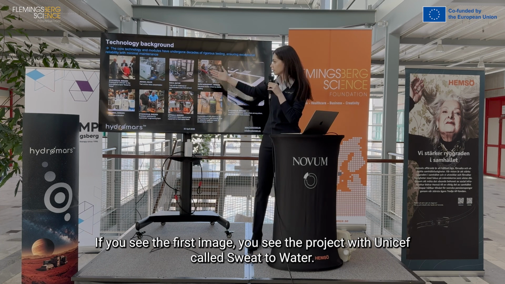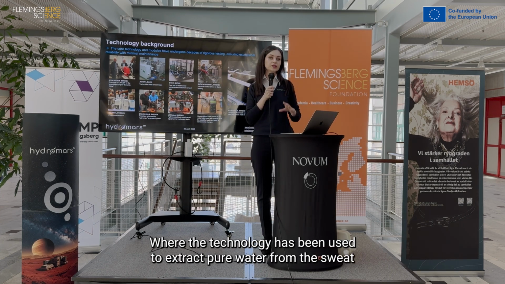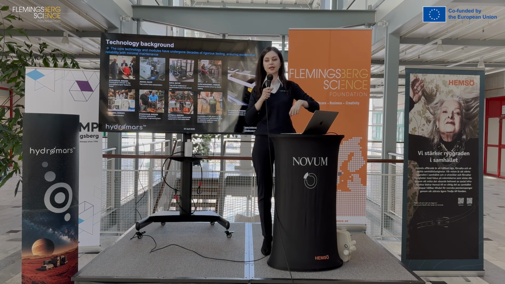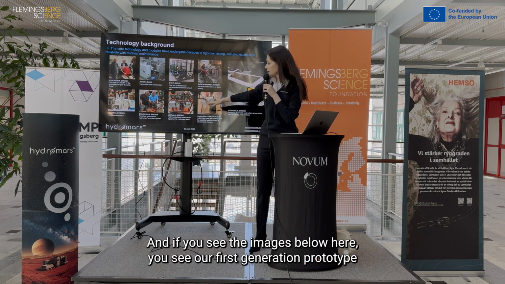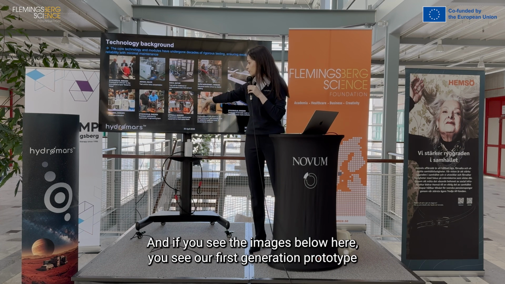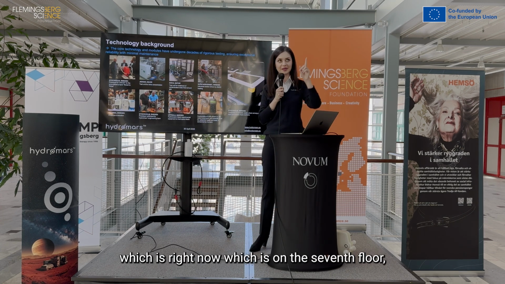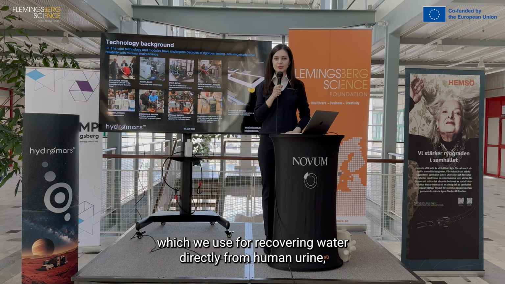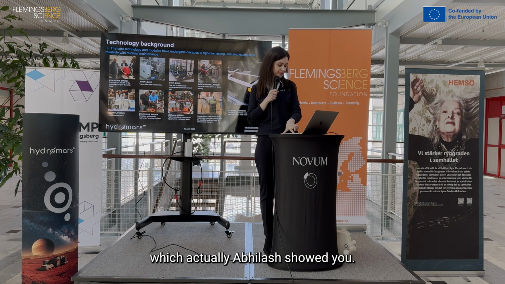In the first image, you see the project with UNICEF called Sweat to Water, where the technology was used to extract pure water from the sweat of regular people after exercise outside. And in the images below, you see our first generation prototype, which is on the 7th floor, which we use for recovering water directly from human urine, which Abhilash showed you.